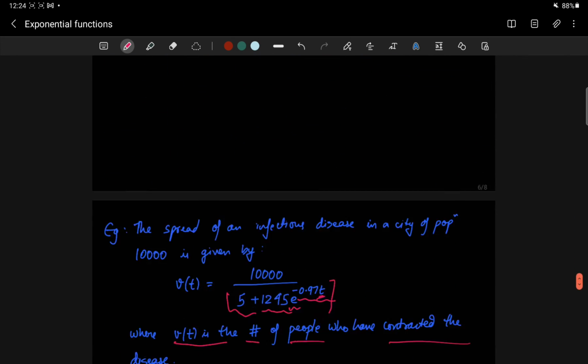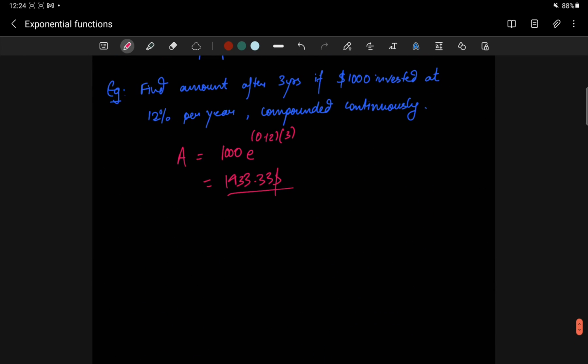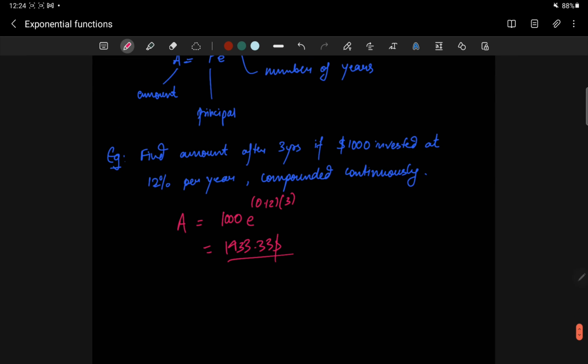So eventually it slows down after the daily, and if you go to hours and minutes and seconds and milliseconds and so on, eventually you get to the e value for the 1 plus 1 over n expression, and this gives you an amount of 1433.33, which would also be the maximum value you can get, because you get e when n goes to infinity.